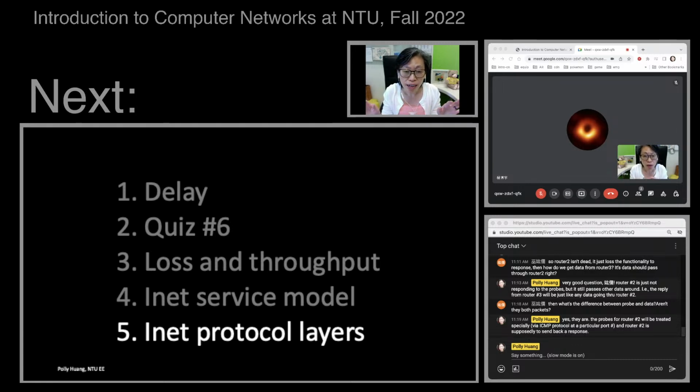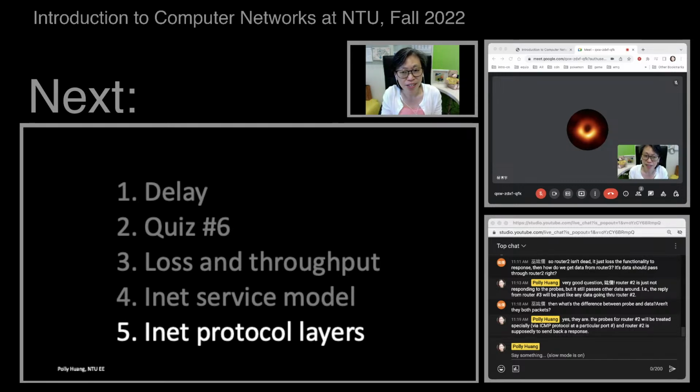Now, all the other packets that are not traceroute probes for router 2 will be treated just like the other packets, and they'll be forwarded by router 2 to their supposed destination or next hops.